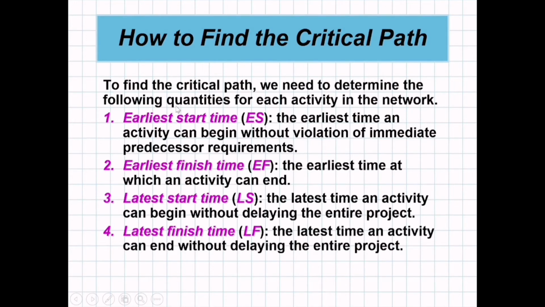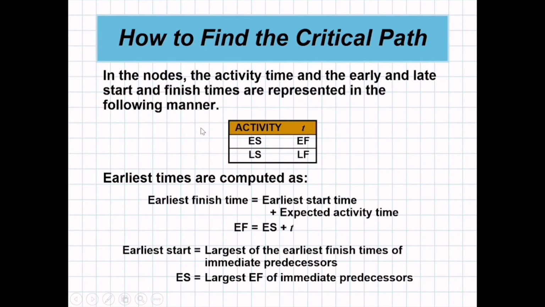Meaning, this is the earliest possible time that our activity can start. Earliest finish time, the earliest time at which an activity can end, and the latest start time is the latest time an activity can begin without delaying the entire project, and the latest finish time is the latest time an activity can end without delaying the entire project.